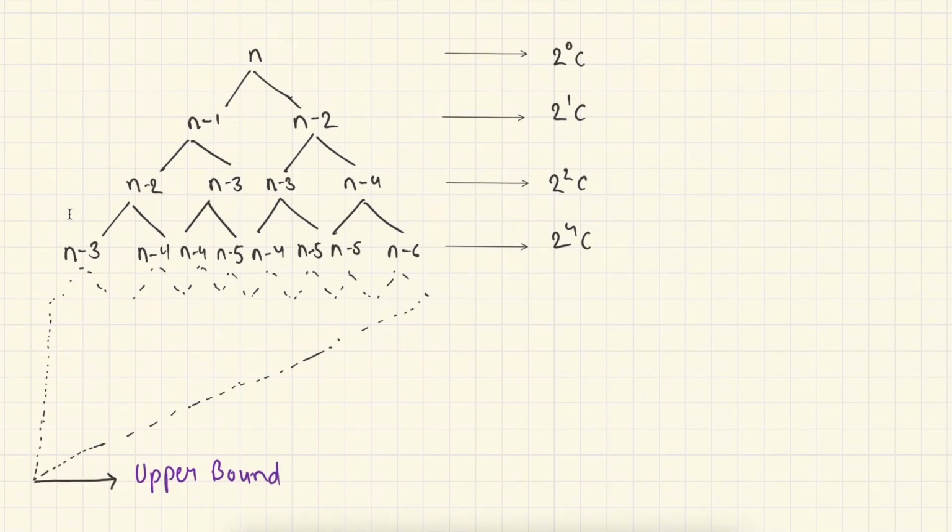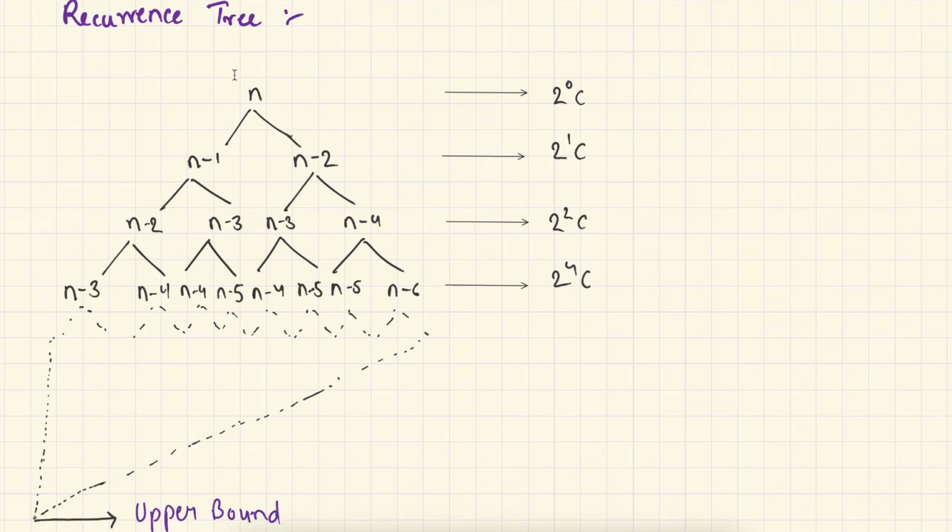So when we try to construct the recursion tree of this function, first we call this function with input as n, and this function makes two recursive calls, one for n-1 and one for n-2, along with some constant operation, right? Now this recursive function again makes two calls.